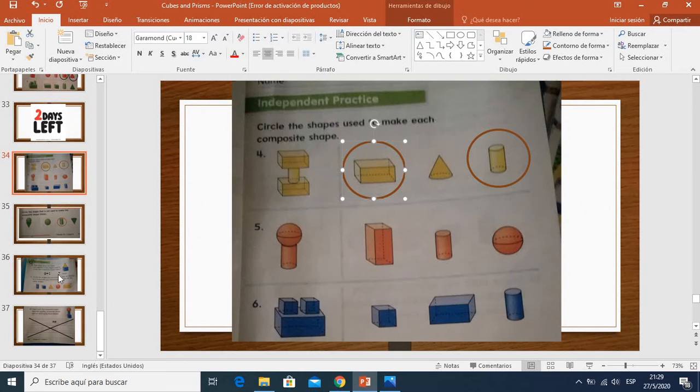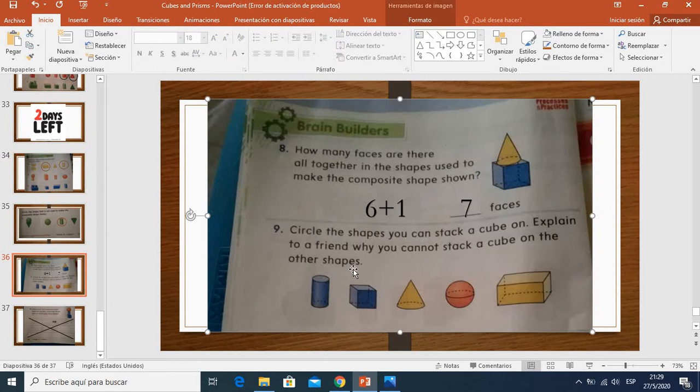So I can stack the cube on a cylinder. Now, the cylinder must be standing. If the cylinder is in a horizontal way, then I cannot stack the cube, okay? So stack is when you put things in a vertical way, not horizontal, vertical from top to bottom. So I can stack a cube on a cylinder.